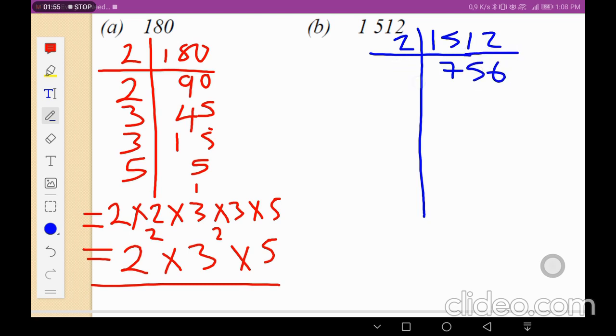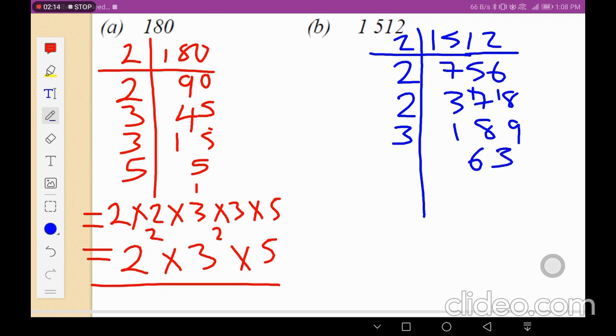Then 2 can also go into this one, we'll have 378. 2 can also go there, 189. Now 3 can go into 189. We have 63 here. 3 again, 21. 3 again, that's a 7. So we have lastly 7 there, and we get a 1.